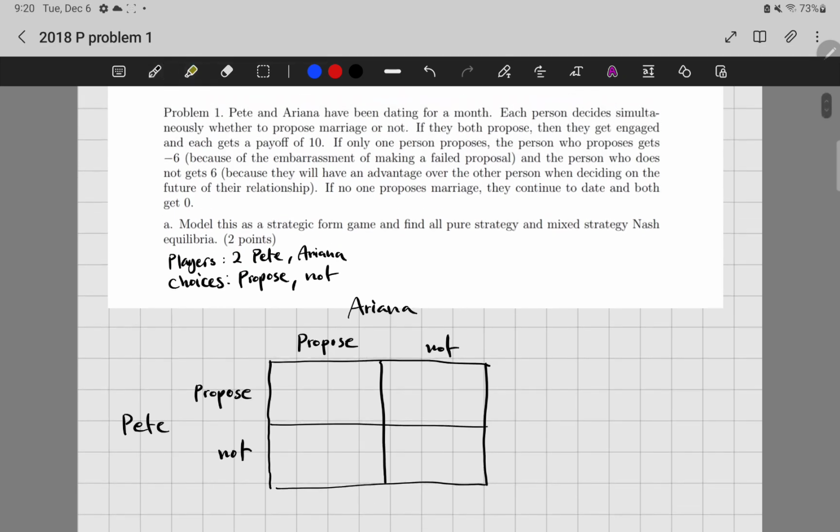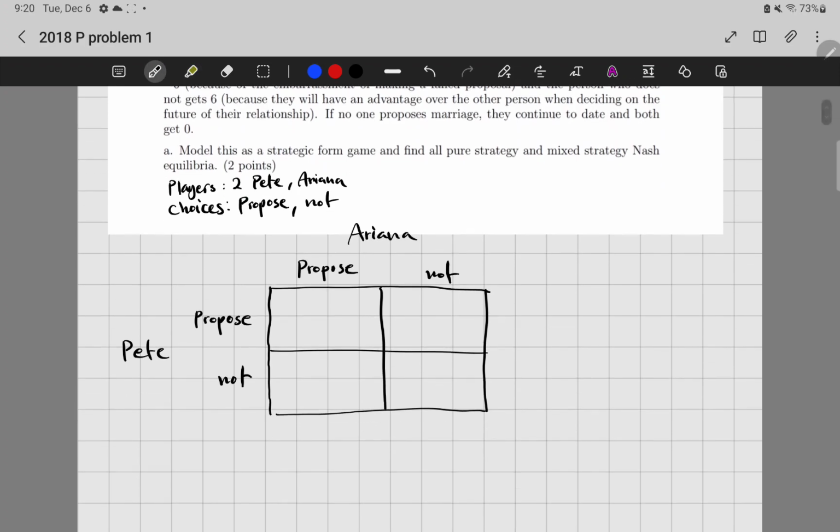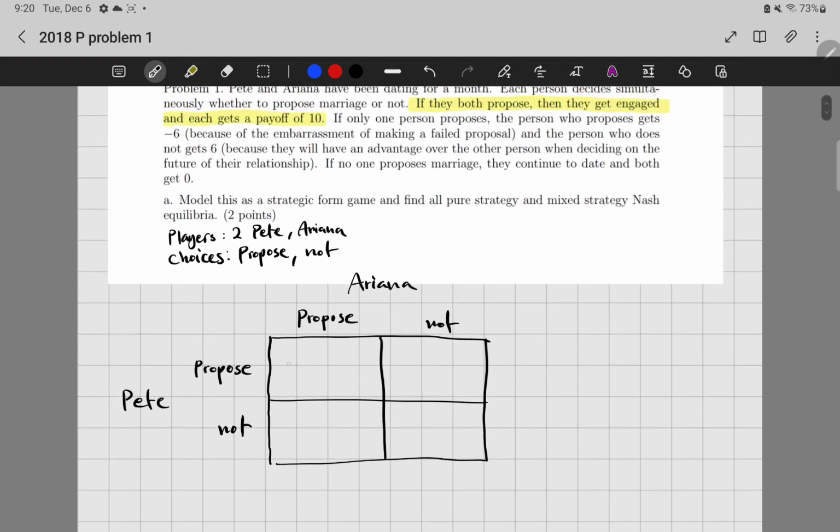And for the payoff, let's look at the question again. It says if they both propose, they get engaged and both get a payoff of 10. So we can add that in the box where they both propose, they both get a payoff of 10. And on the next sentence, it says if only one person proposes, the person who proposes gets -6, and the person who does not gets 6.